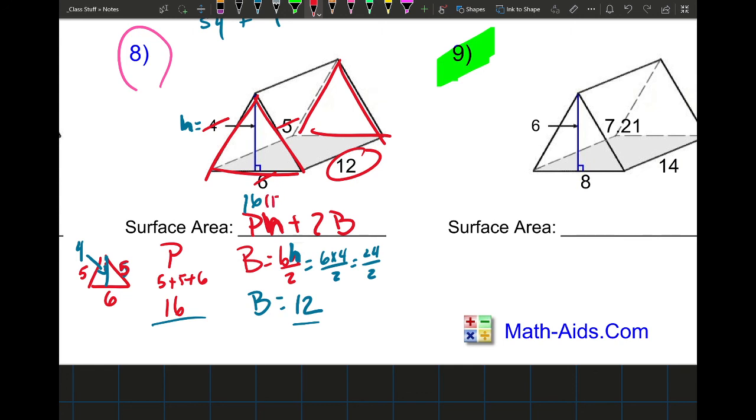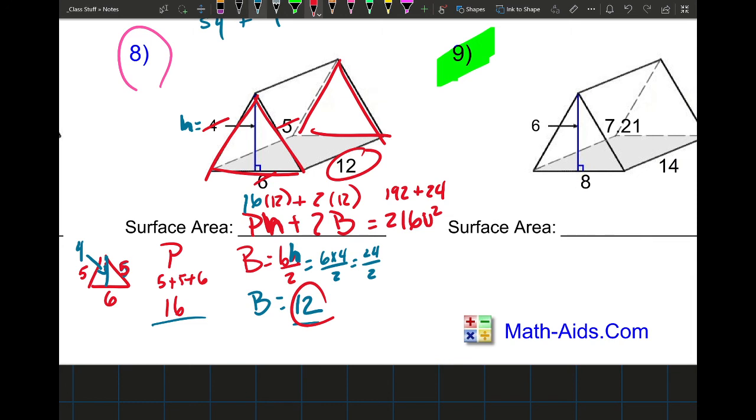So 16 times 12 plus 2 times the area of the base, which is 12. When I multiply 16 times 12, I get 192 plus 24, which gives me 216 units squared. That's the total surface area.